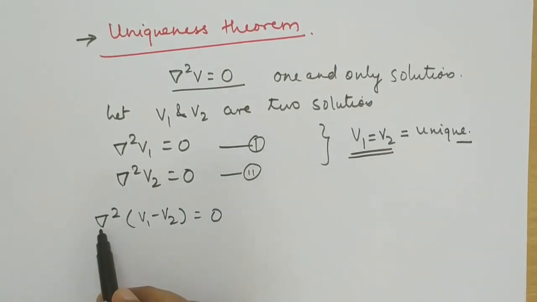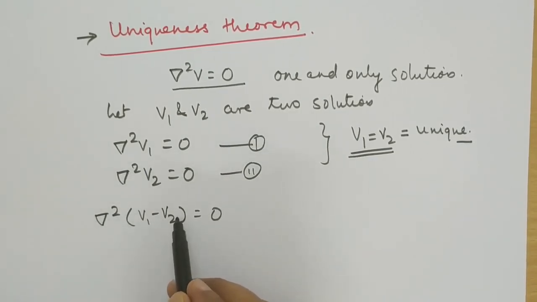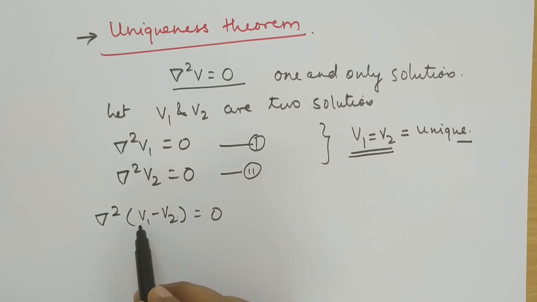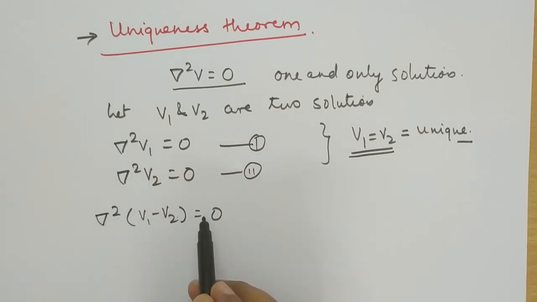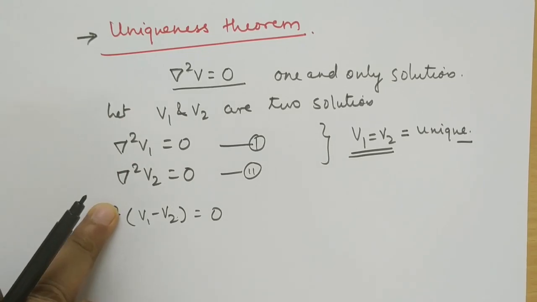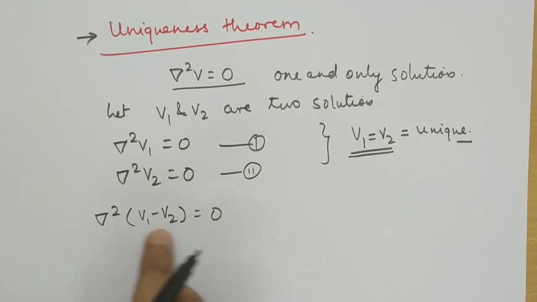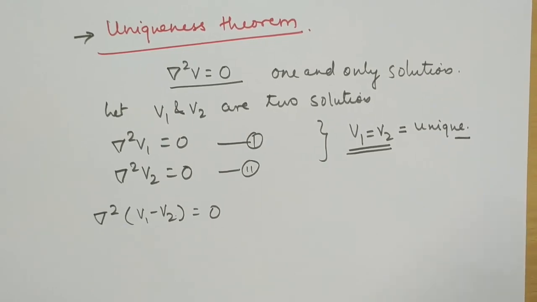Remember, here we have the second derivative of V1 minus V2, so we cannot say directly that V1 equals V2. Only if we have V1 minus V2 equal to 0 can we say V1 is equal to V2. If there is any operator here, we can't directly conclude that. So for that we are going to do some operation here.